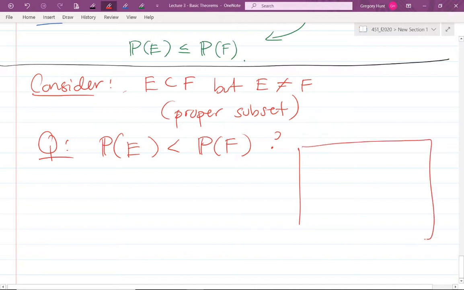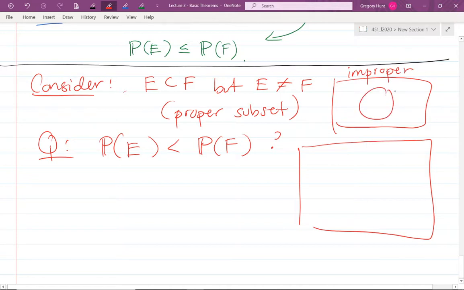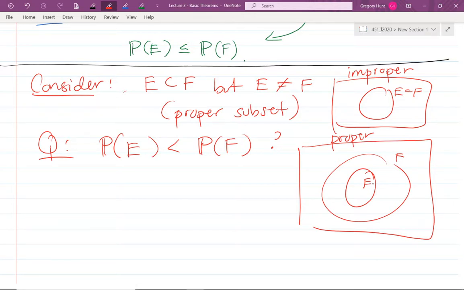So let's draw two pictures here. The first one is improper, where we have just one circle, E is F. And the second one is our proper subset. We have F is bigger, and inside it is E. The question here is, if we actually were to know that E is a proper subset of F, can we make a stronger statement?